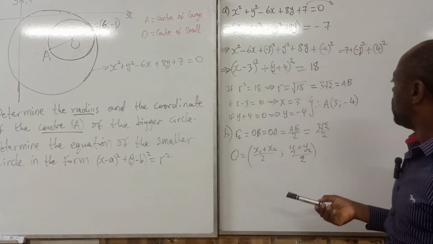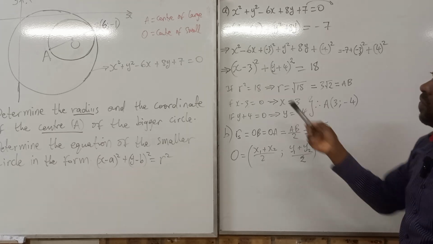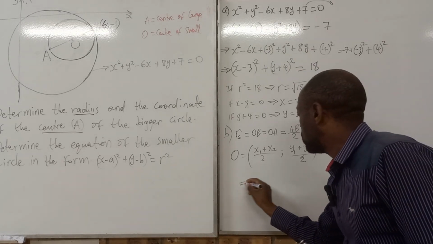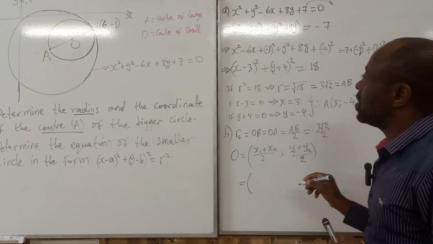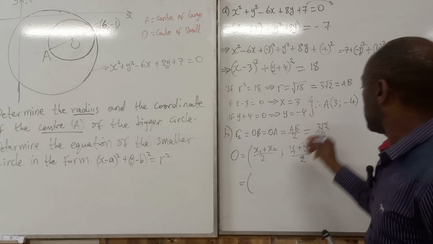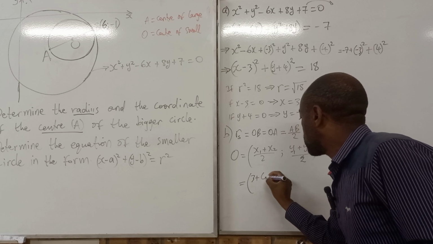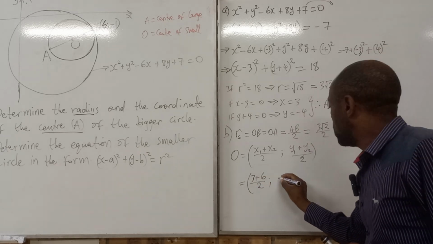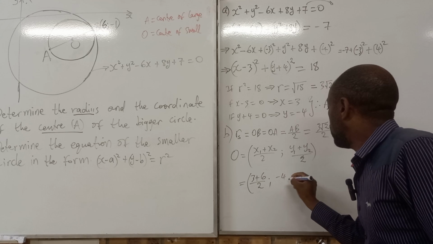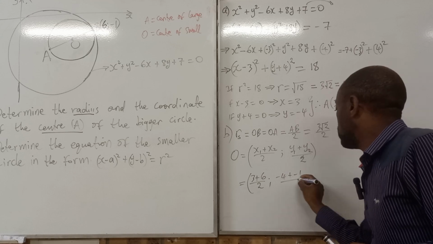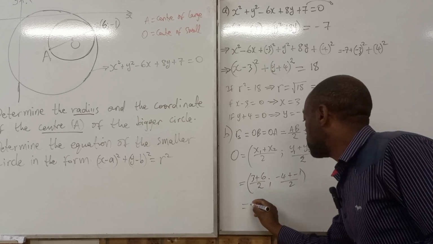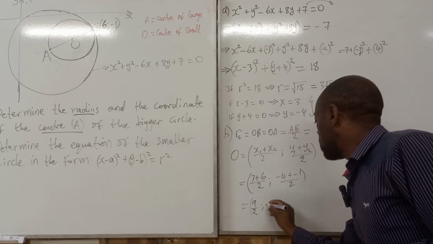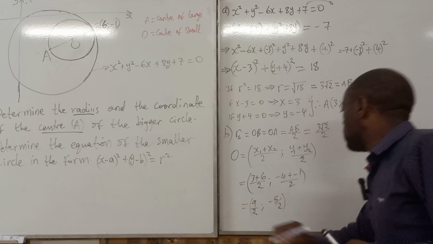The coordinate of A, we've just calculated it to be 3, negative 4. That of B was given in the question. So this will take us to 3 plus 6 over 2. Then the y coordinate will be negative 4 plus negative 1 over 2. So if you simplify that, you get 9 over 2 for the x coordinate and negative 5 over 2 for the y coordinate.